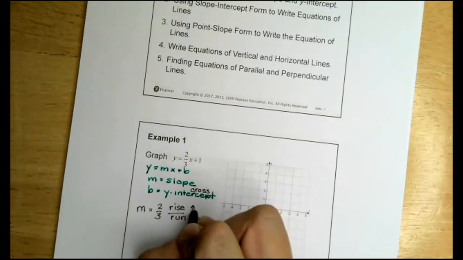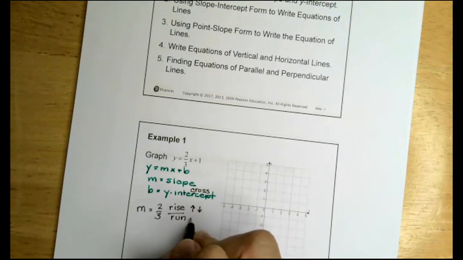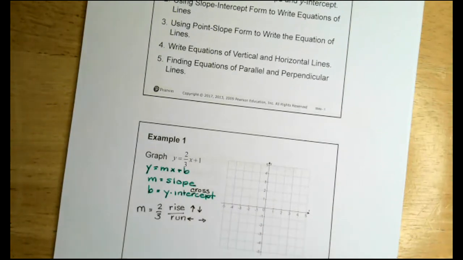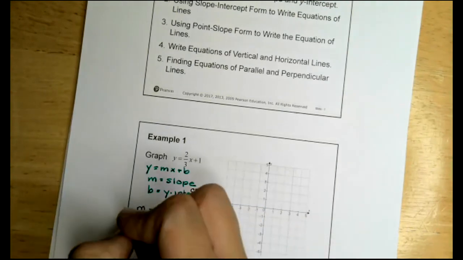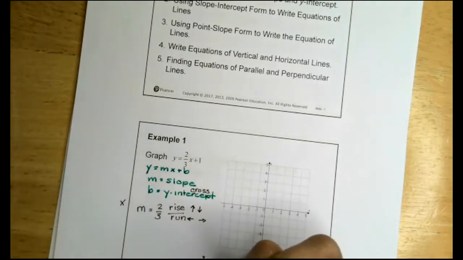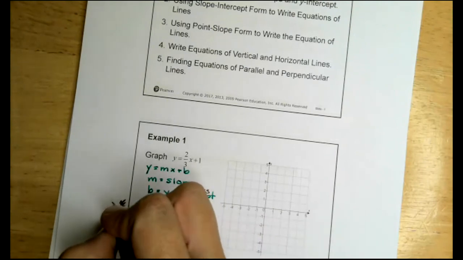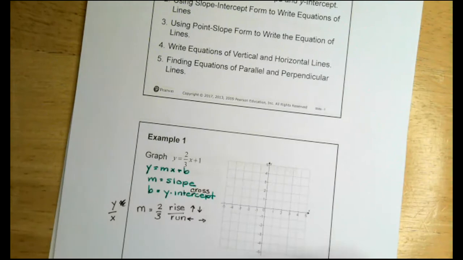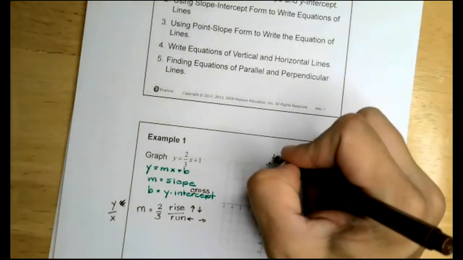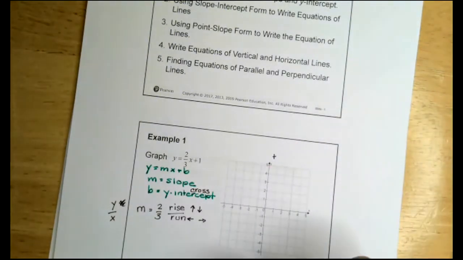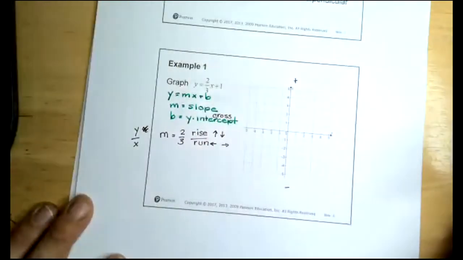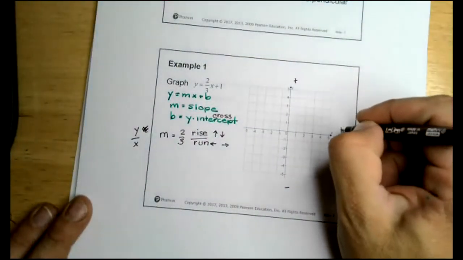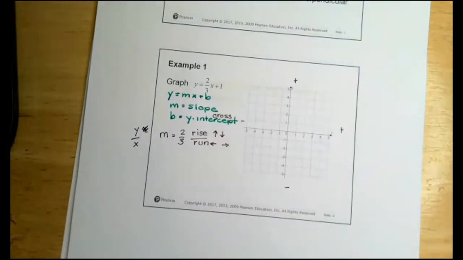That means we go up or down 2, we go left or right 3. 2 on the y, 3 on the x, because y is always up and down. This is positive y. Down here would be negative y. Over here is positive x, and down here is negative x.